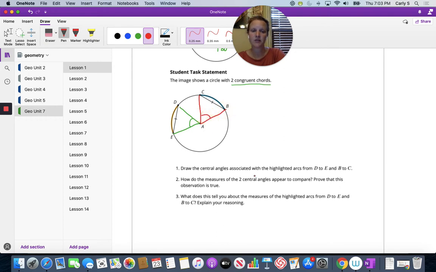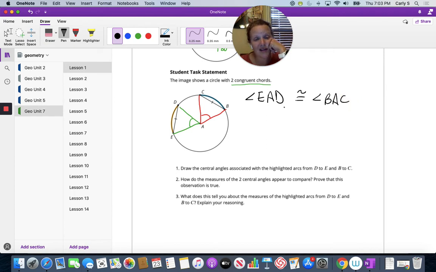How do the measures of the two central angles appear to compare? Prove that this observation is true. They appear to be equal. So I can say that angle EAD appears to be congruent to angle BAC.